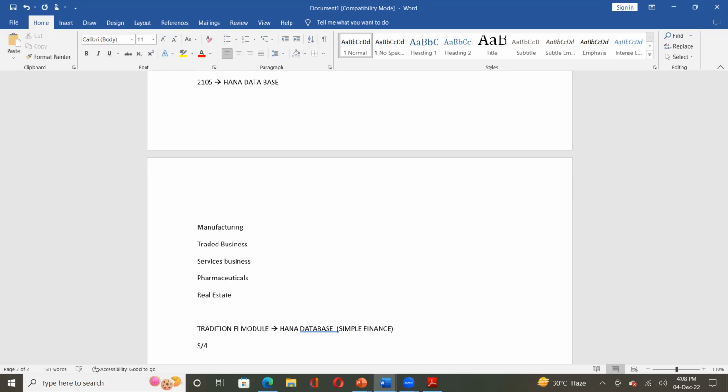S4 is nothing but S stands for suite, or suit, whatever you call. And 4 stands for, we call it as 4. Suite for HANA database. What do you mean by suite?